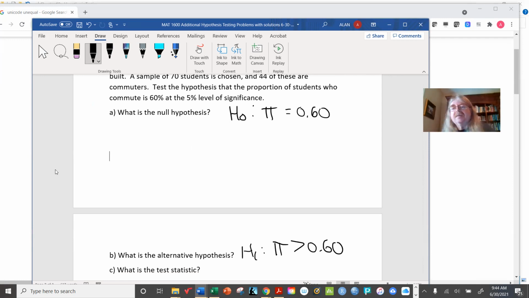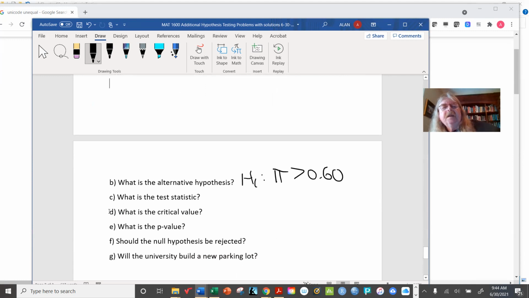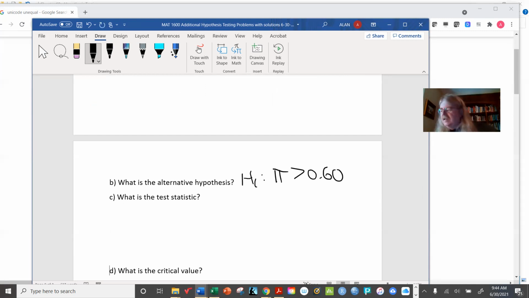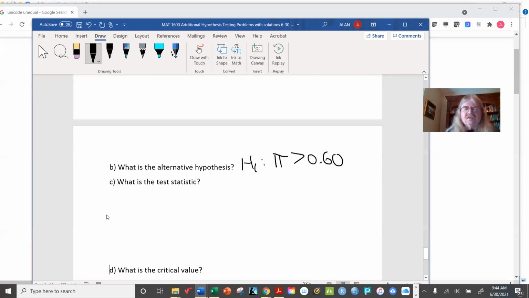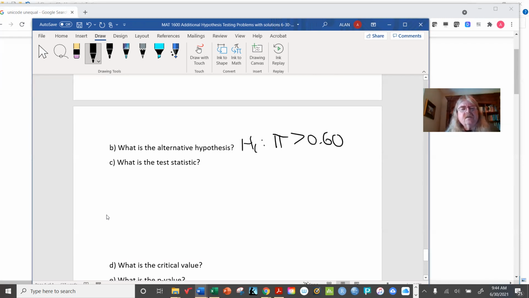If it's less, we'll just keep the same number of parking lots. Okay, the test statistic in this case is very different than what we've been doing with the means. In the slides, I wrote it in two pieces. We don't have to always do that. Let's just write it as one big expression.